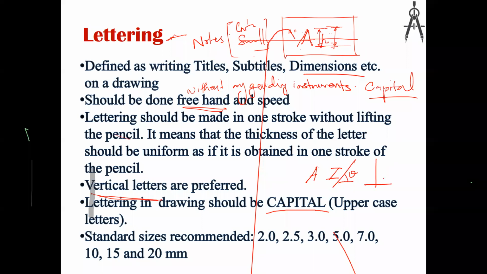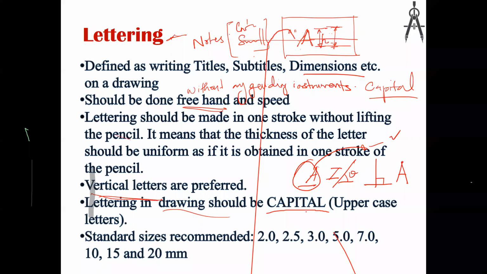Without that you have to write it perpendicularly. That means vertical lettering. A means vertically A, not italic. Italic you can use for some notes, and if you want to have some special notations, you can use italic also, right?